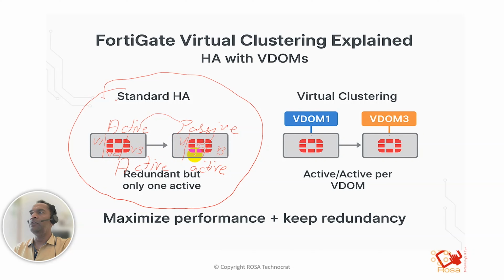Now you want both of these devices to be utilized, with V1 active on this firewall and V2 active on this firewall, or V1 and V3 active on this and V2 active on this. This can be achieved by using virtual clustering.